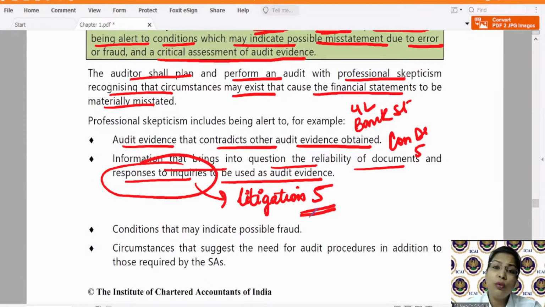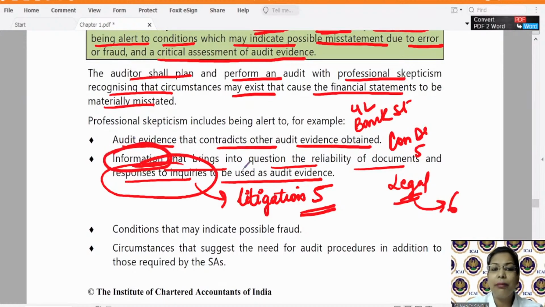However, when you obtain information from the legal department of the client, you find that there are 6 litigations. Now, information from the legal department brings into question the reliability of responses to inquiry. You inquired, the management said 5. When you obtained the information from the legal department, you find 6.